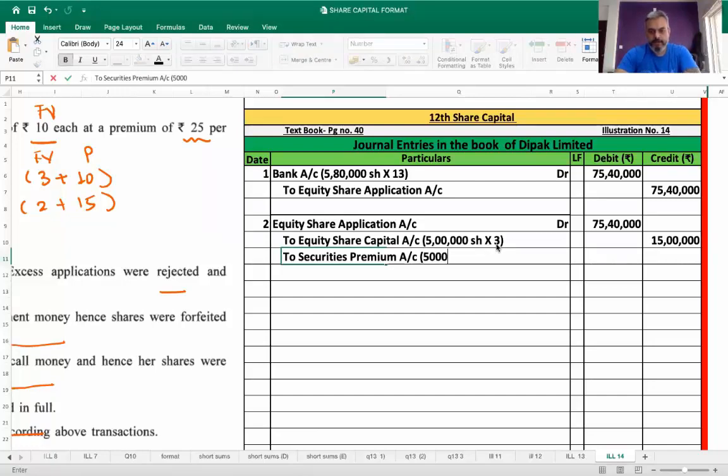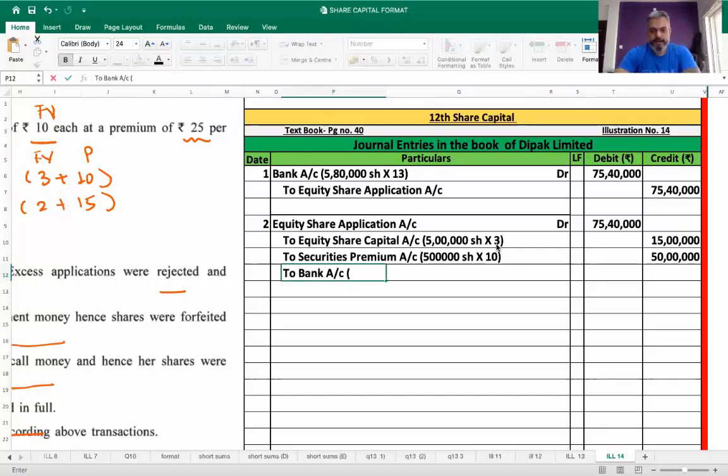Again 5 lakh shares into rupees 10 per share. So 50 lakhs to bank account, rejected.